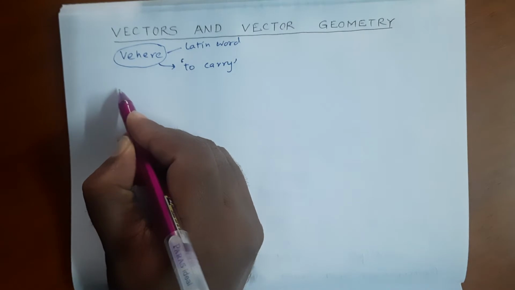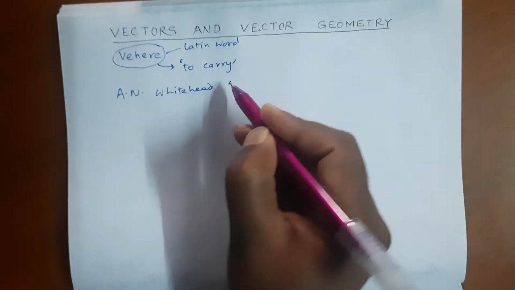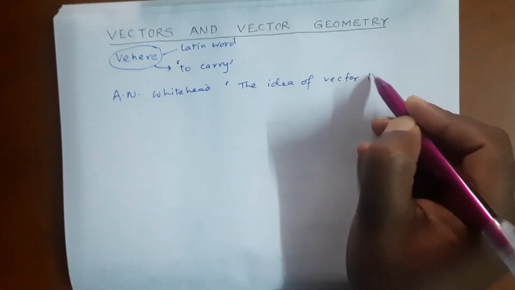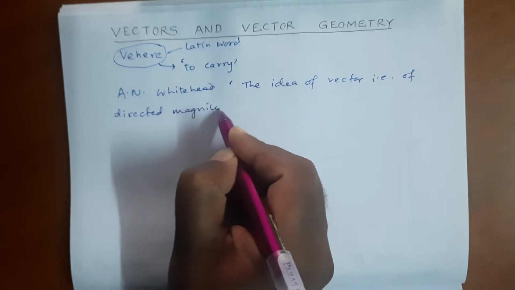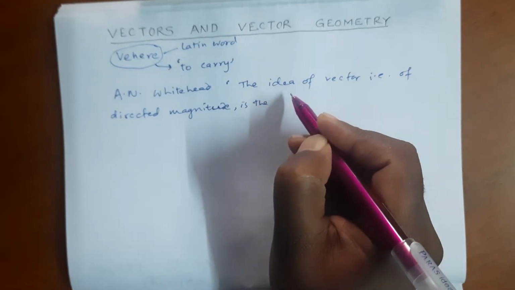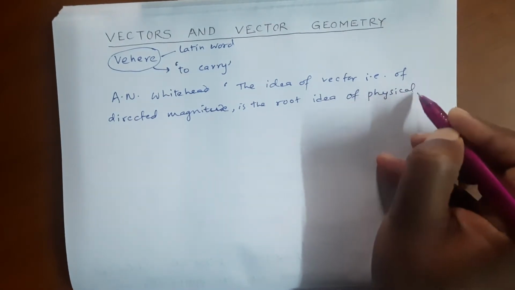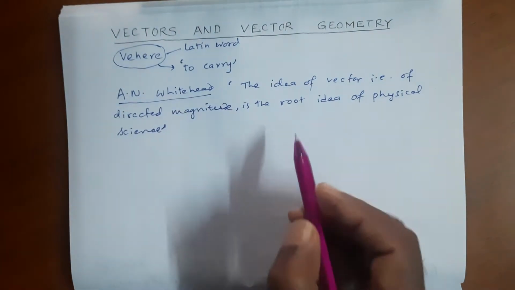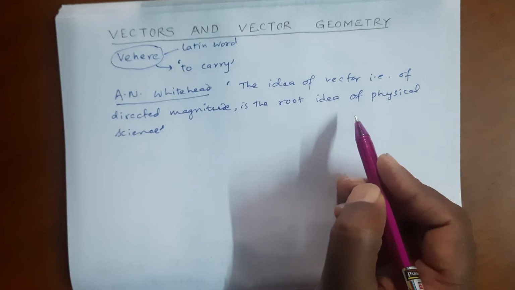According to A.N. Whitehead, the idea of a vector, that is of directed magnitude, is the root idea of physical science.